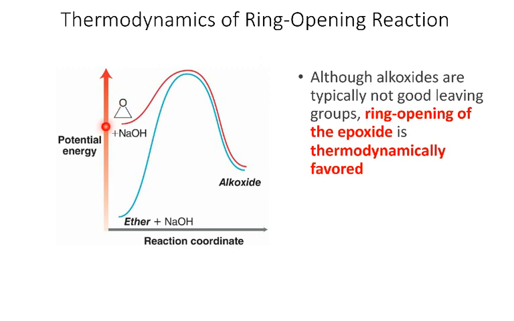But because the oxiranes or the epoxides are so unstable due to that ring strain, they're actually higher in energy than the alkoxides that we're going to produce, and so that's why we can have these ring opening reactions with this neutral oxygen that normally, when we first learned about substitution and elimination and leaving groups, we didn't see. We always had to protonate that oxygen first. Because of the ring strain of the epoxides, we don't have to protonate it first in order for it to be an okay leaving group.